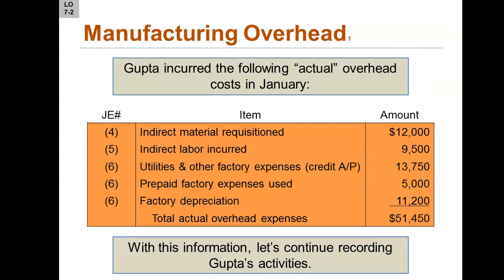Overhead is another issue. Again, how do we deal with overhead? Overhead is a big problem if we don't know how to accumulate those costs and how to appropriately allocate them to specific jobs to get a true measure of how much a job costs an organization. Now, as we mentioned before, overhead is always going to be the indirect costs: indirect materials, indirect labor, utilities and rent, and other costs that are not necessarily attributable to a specific job.